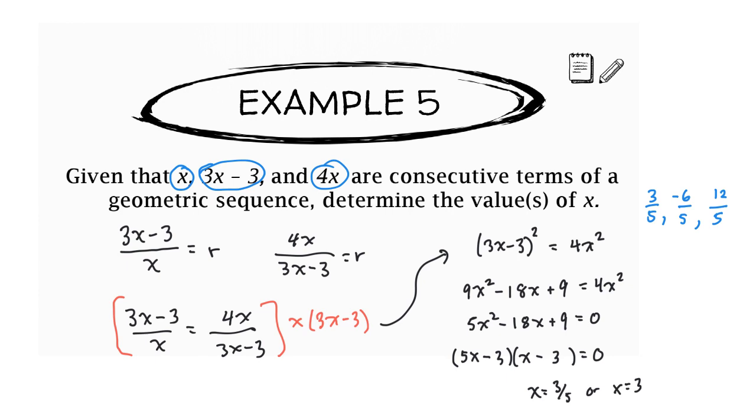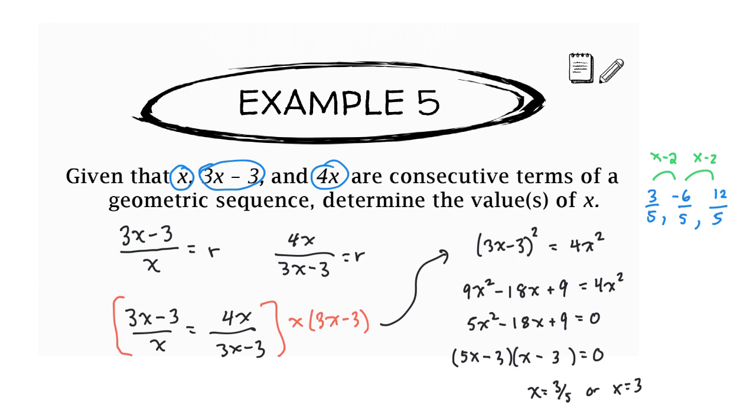When I check this one out, what I see is that this sequence, each time, is simply multiplying by a -2, times -2 each time. And that works out. The common ratio of our geometric sequence could in fact be a -2.